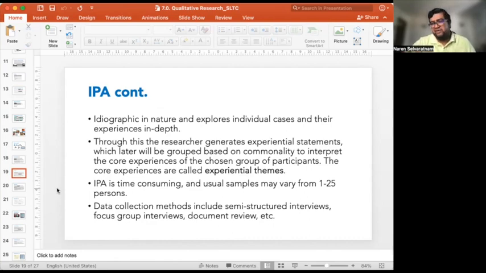But in IPA, it's very difficult to take that many people, because you try to understand the cognitive patterns of people. And interpretative phenomenological analysis is greatly used in psychological research, of course. If you are a practitioner, if you have a better understanding about the cognitive process, these are all plus points. But since you are going really deep into these issues, since it is idiographic, it's very difficult to spend more time doing these interviews and going through multiple reports, because the documentation is huge.